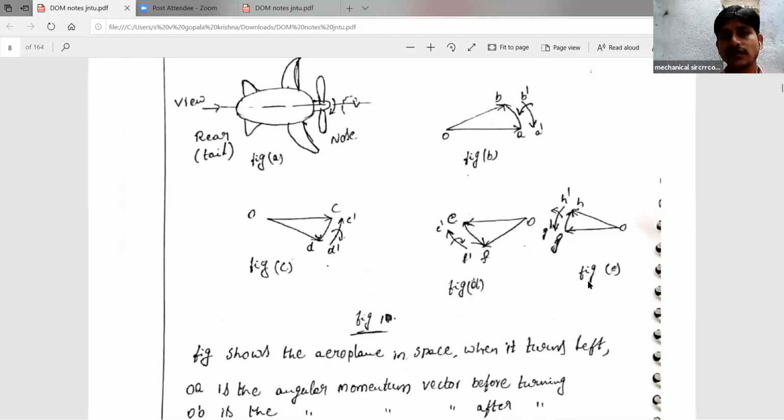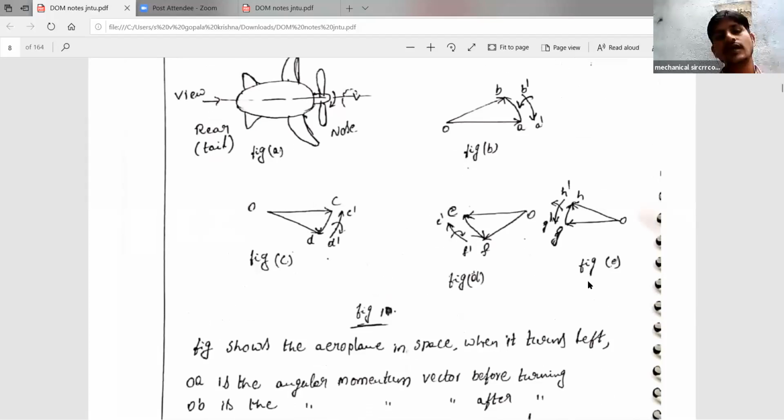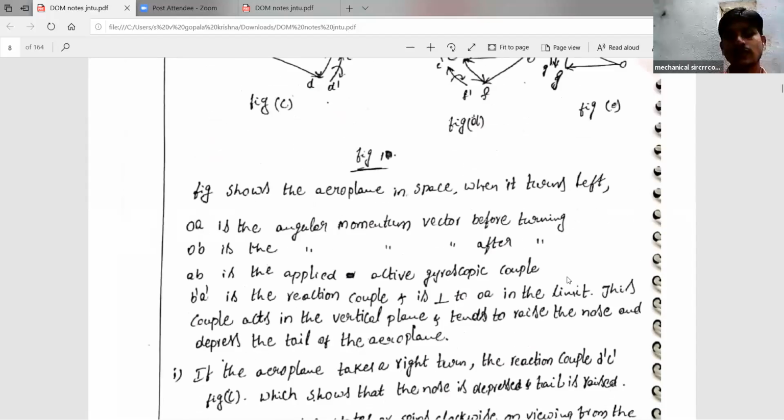B dash A dash is the reactive gyroscopic couple, which is perpendicular to OA. And this couple acts in the vertical plane to rise the nose. So what is the effect? We already discussed it.